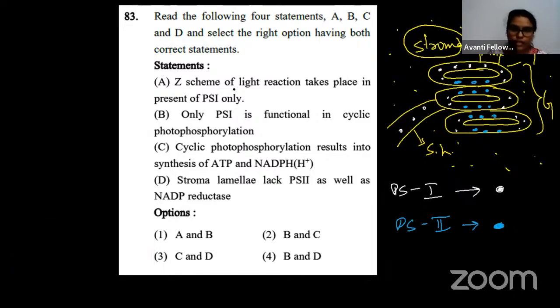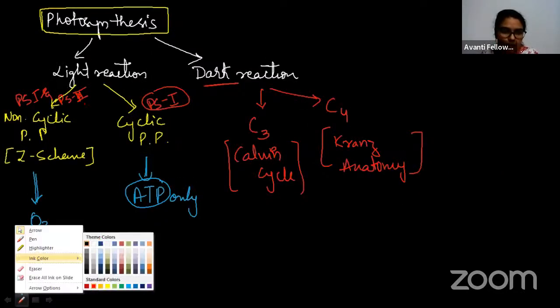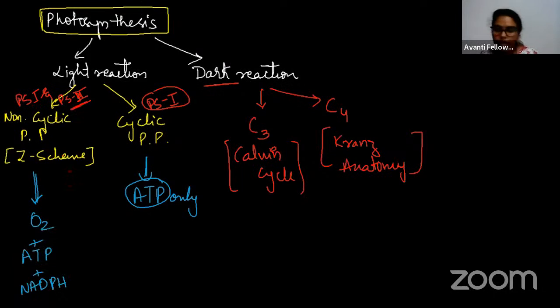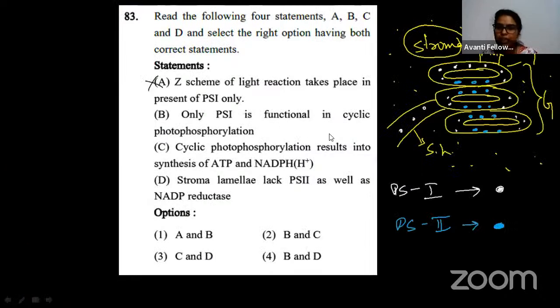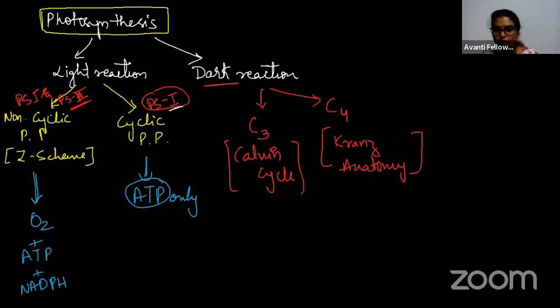Now let us read all the sentences once again. That scheme of light reaction takes place in presence of only PS1? No. क्यों? मैंने आपको बोला था यहाँ पे देखो Z scheme में PS1 and PS2 दोनों हैं. So that is why first statement is wrong. Now only PS1 is functional in cyclic photophosphorylation. That is true. Here in the cyclic photophosphorylation only PS1 is involved.